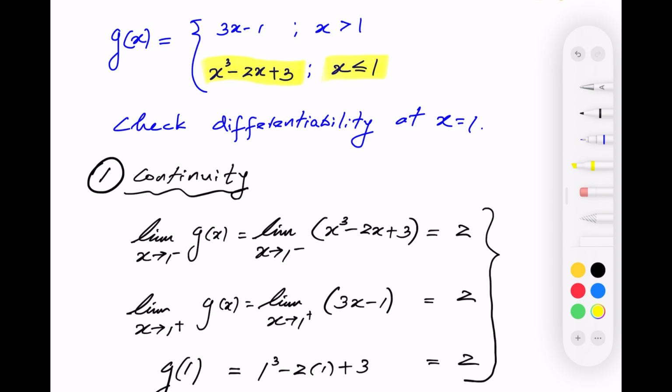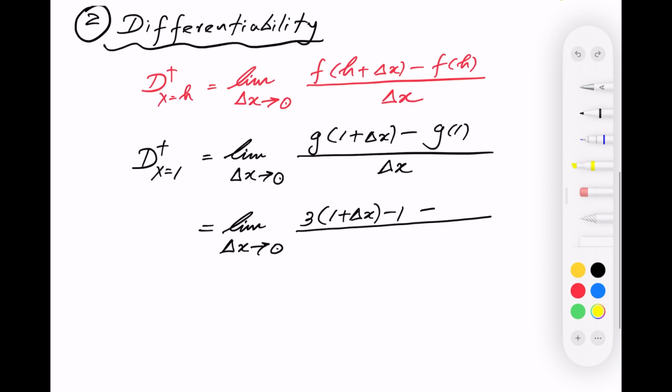Therefore, in order to find g of 1, I have to use that function. I simply have to substitute 1. Then I get 1 cubed minus 2 times 1 plus 3, which simplifies to 2. Therefore, we need to subtract 2 as g of 1. In the denominator, I have a delta x.